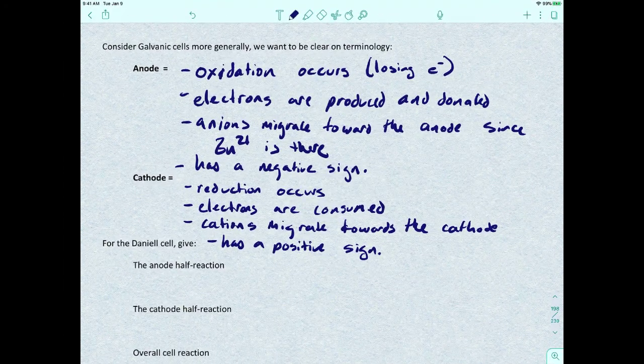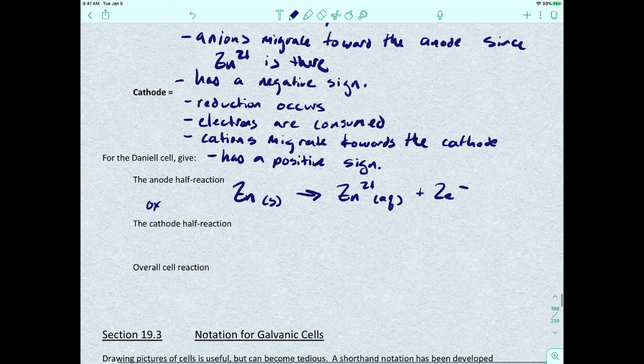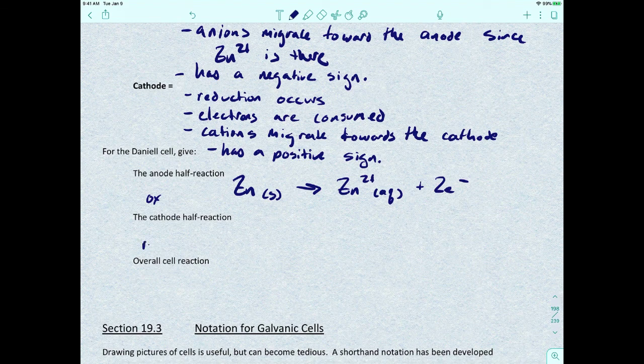Okay, so one more thing that we can do with the Daniell cell, we could write the anode half reaction. So at the anode, you've got zinc that's solid, and it's becoming zinc 2 plus and releasing 2 electrons. Again, this is the oxidation half reaction. At the cathode, again, this is where reduction is occurring.